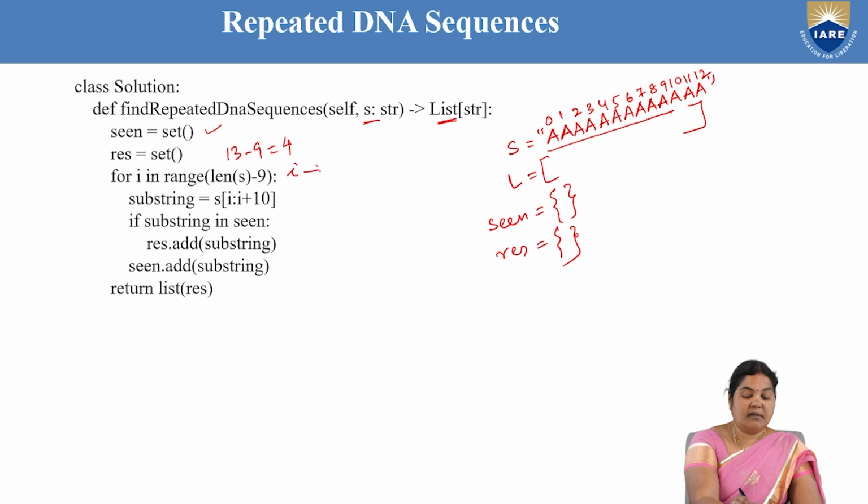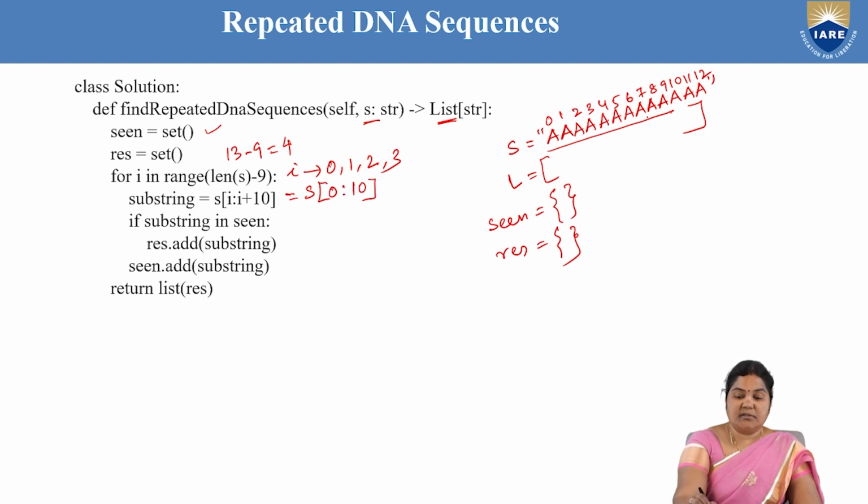So i will range over 0, 1, 2, 3, 4 times. Now we will get the substring. What is my first substring? Substring is from 0 to 10, up to 9. This is my first substring. Is it there in seen?